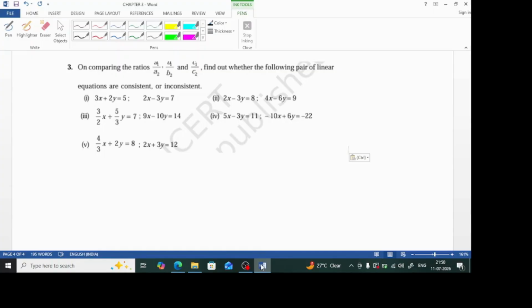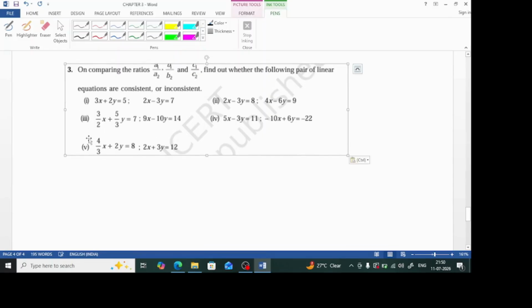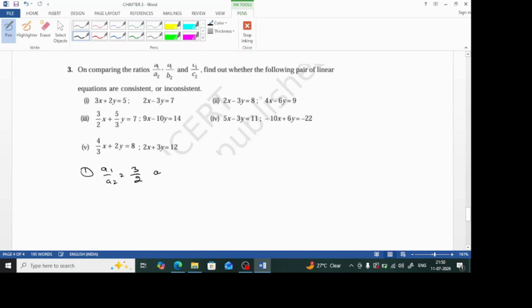Again in this question, take first part. a1 upon a2 is equal to 3 by 2 and b1 upon b2 is equal to 2 by minus 3.